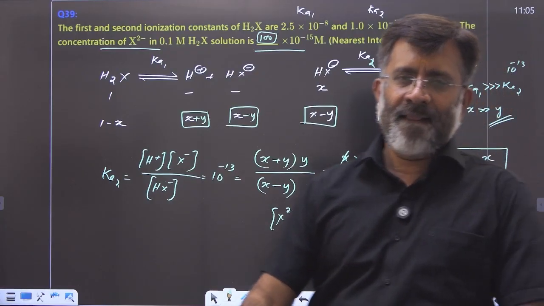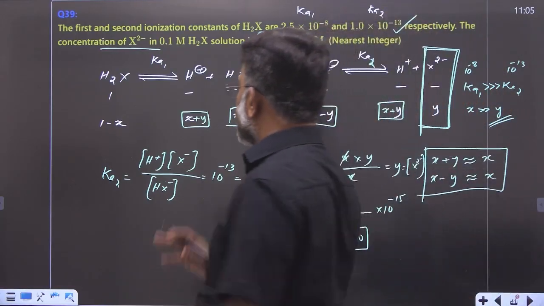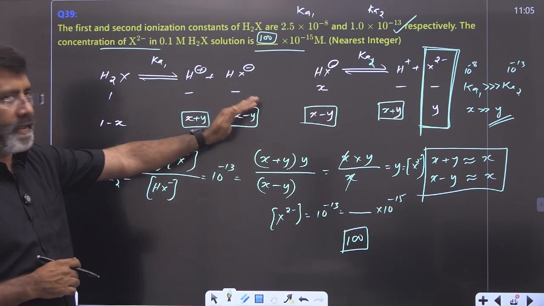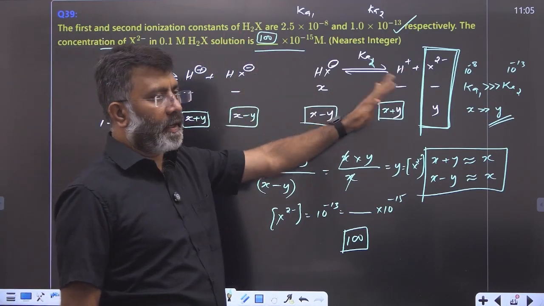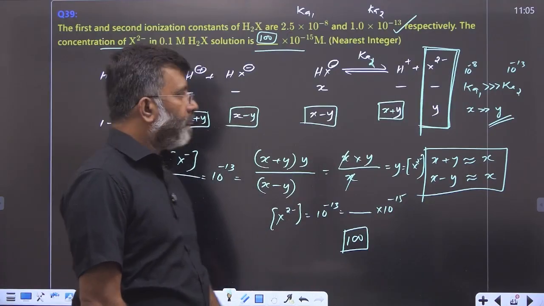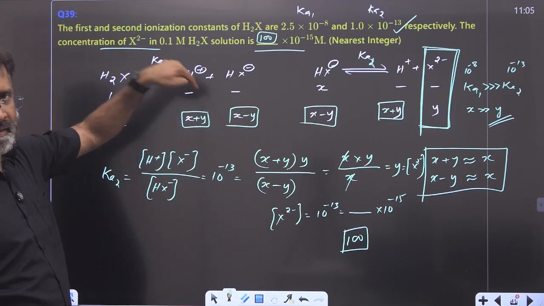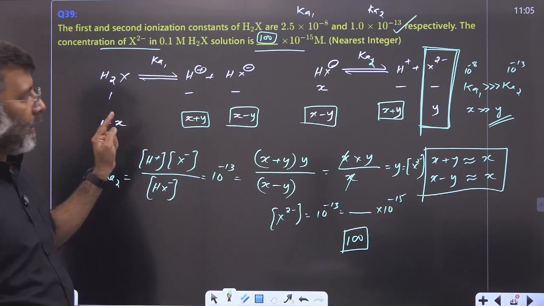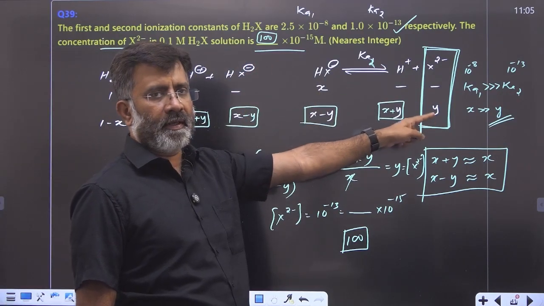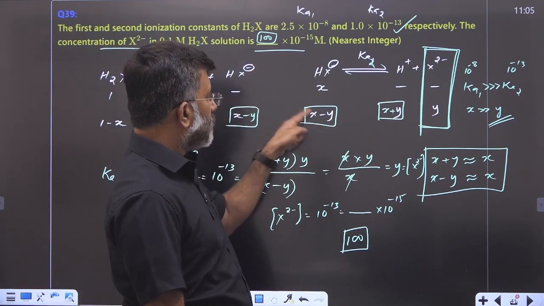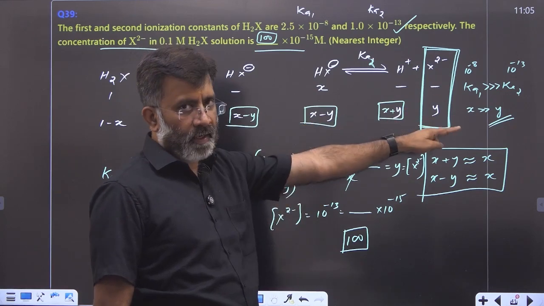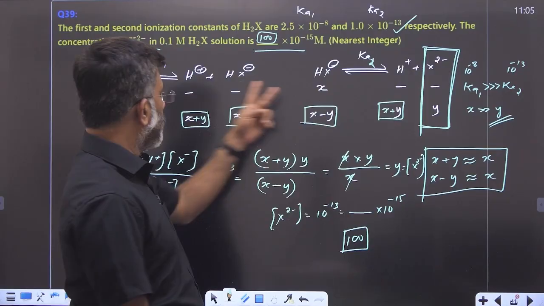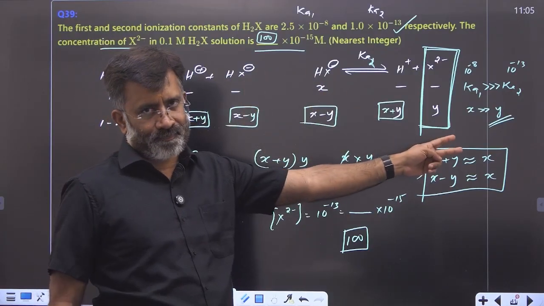Right? I repeat, the two-way dissociation. The first one, Ka1, is dissociating like this. The second one, Ka2, is dissociating like this. So here, suppose x dissociates, you get 1 minus x, x, x, and that x undergoes dissociation here. Suppose y dissociates, x minus y and y, y, and this is x here and y here. So it is simultaneous equilibrium, x plus y.